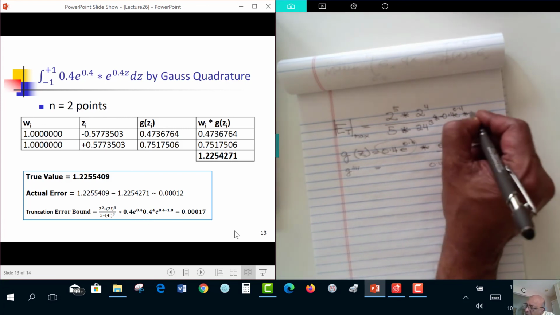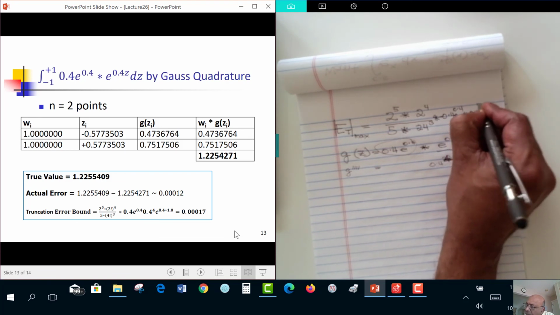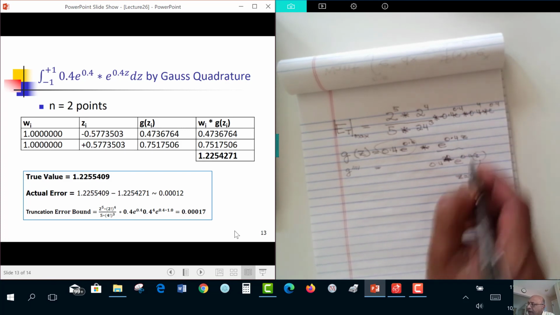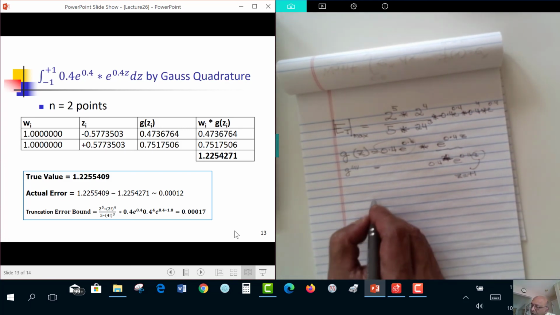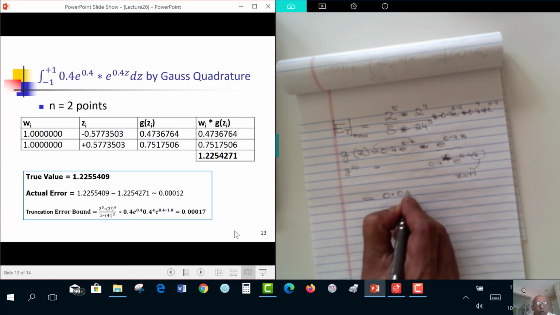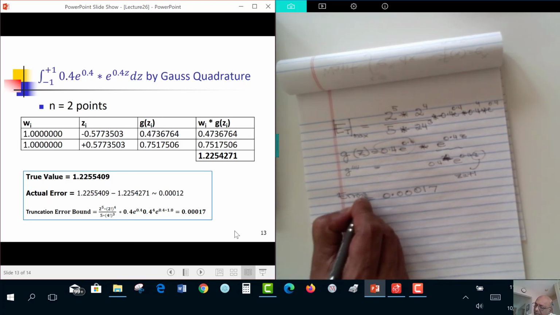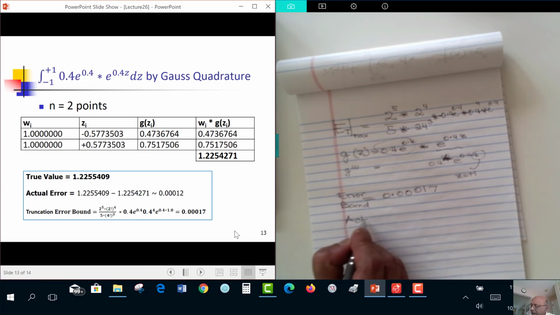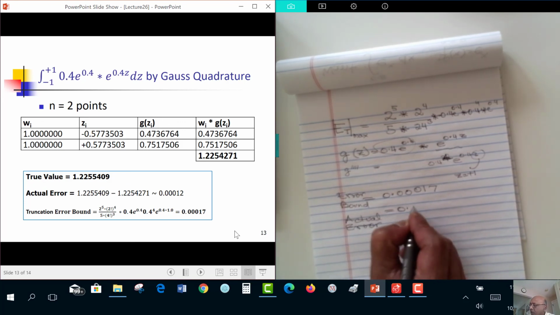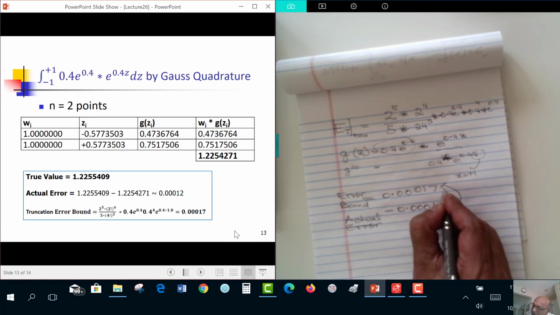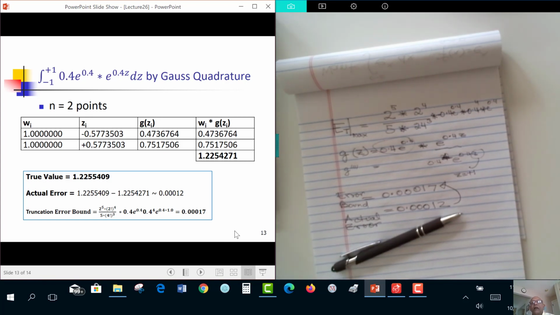Then I'll have 0.4 to the power 4 and then e to the 0.4 at z equal to 1. So we will get 0.00017. So this is our error bound. This is what we would have predicted, plus minus. And remember, our actual error is only 0.00012. So it is smaller than this, which is what we expect, right?